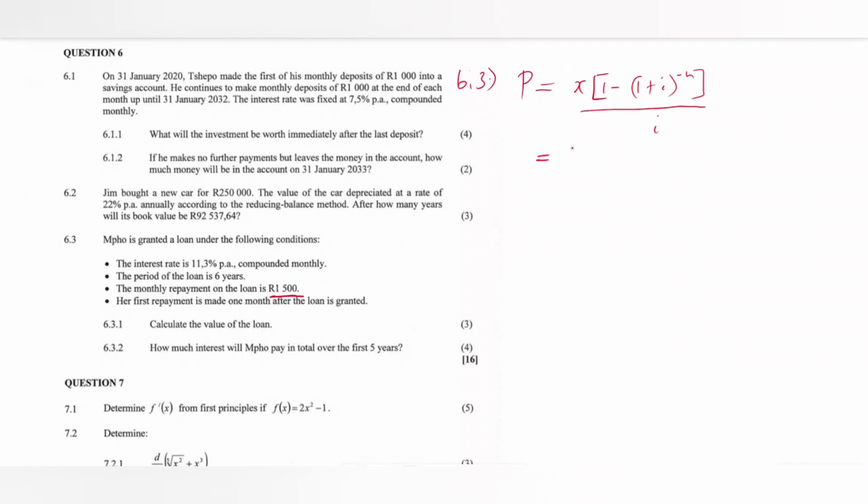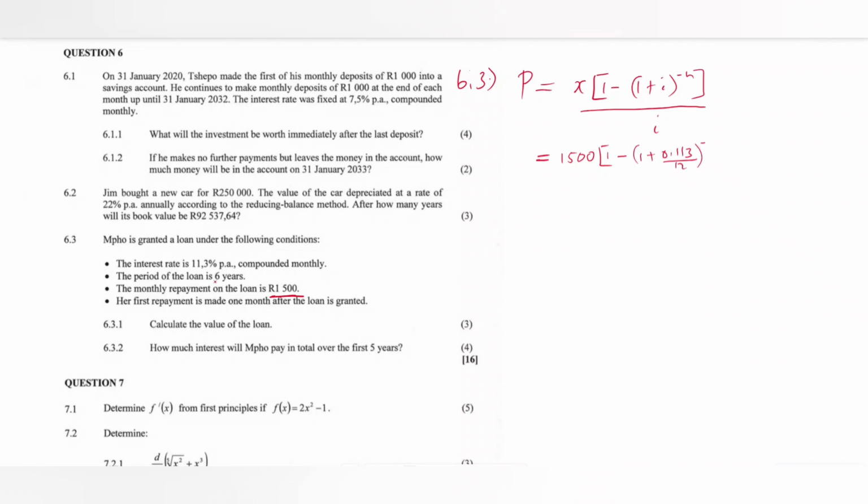So that's our value of x. So 1,500, then 1 minus 1 plus the interest rate, 11.3%. We can convert it to a decimal. That is going to give us 0.113. It's compounded monthly, so we divide by 12.